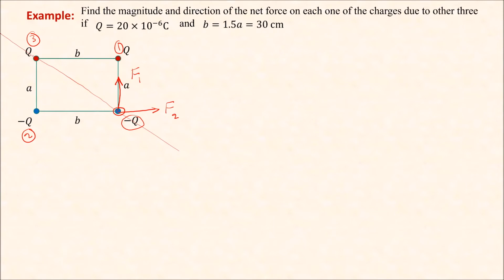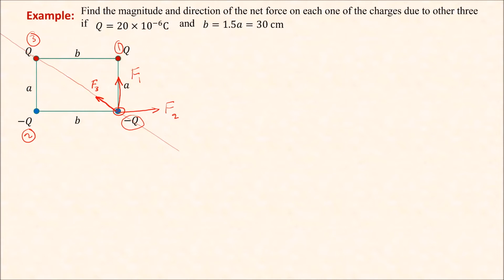One is positive, one is negative, therefore it is attractive, so on this negative Q the force will be toward the other one. So that's F3. These are the directions of the forces, but the magnitudes I need to find.